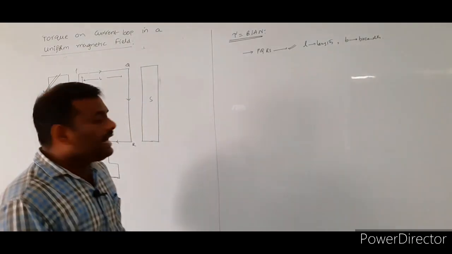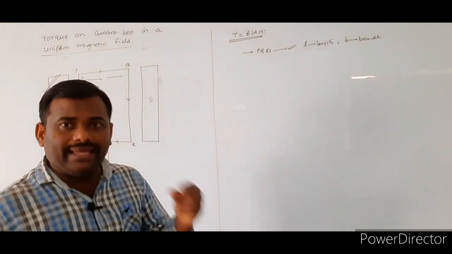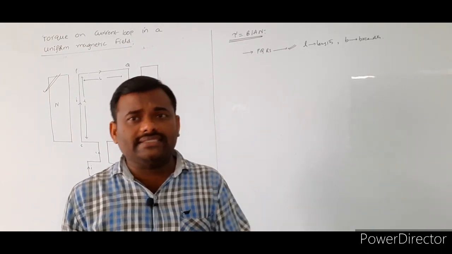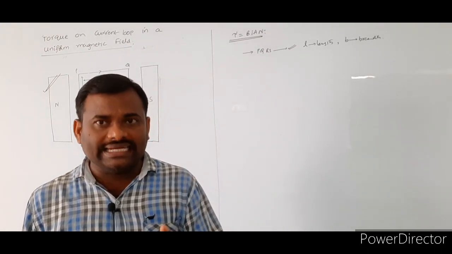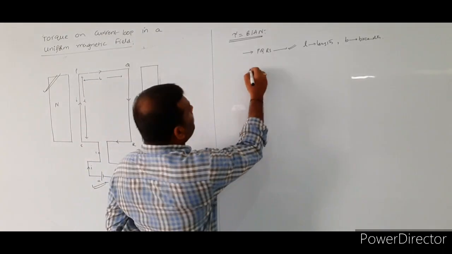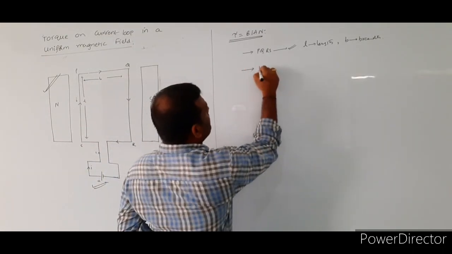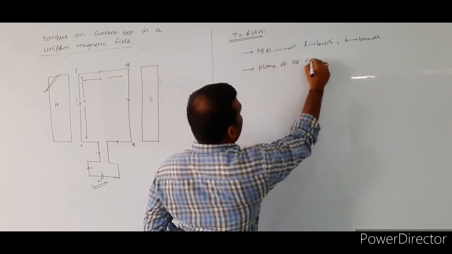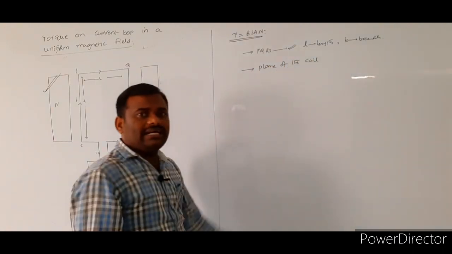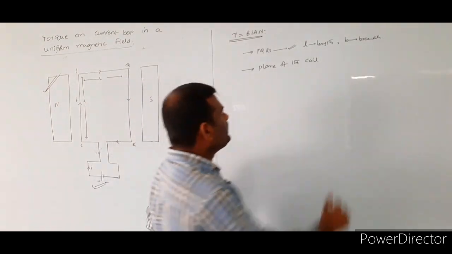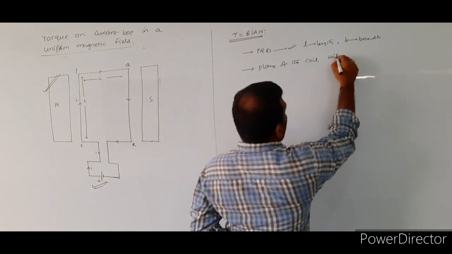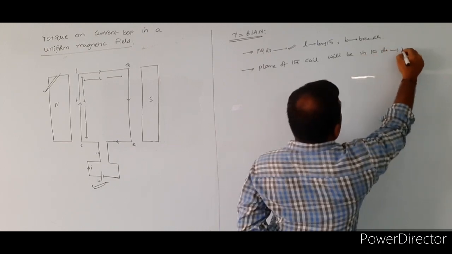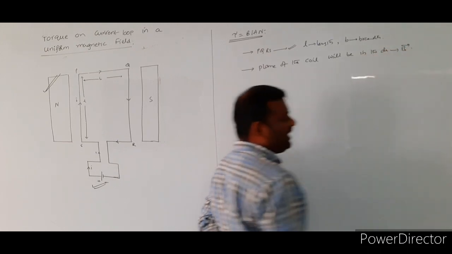Now, how the coil is placed in the uniform magnetic field is very important. The coil is placed in such a way that the plane of the given rectangular current carrying coil lies in the direction of the magnetic field.